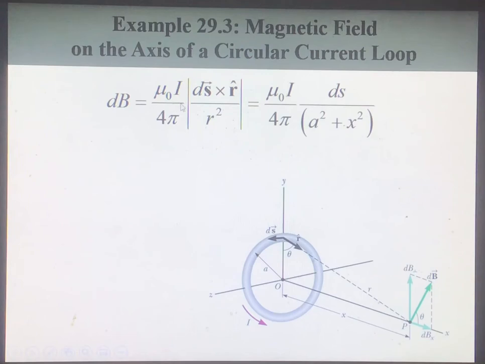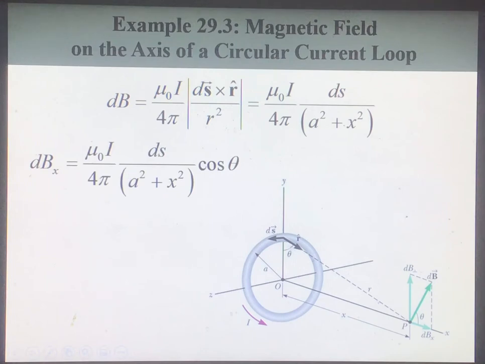The cross product of ds and r hat is just given by the magnitude of ds, because in this example my ds is at 90 degrees with respect to my r hat vector, and my r squared is just the distance from this point to this point, which is a squared plus x squared.